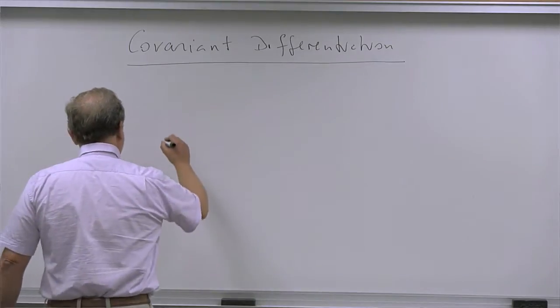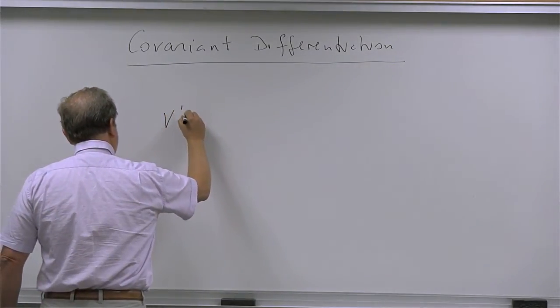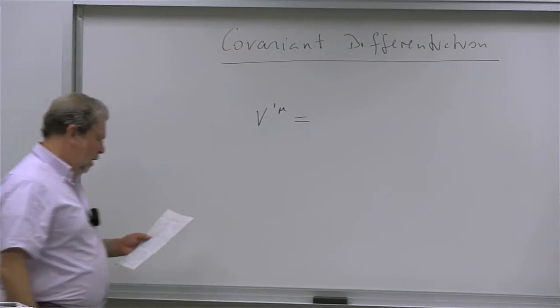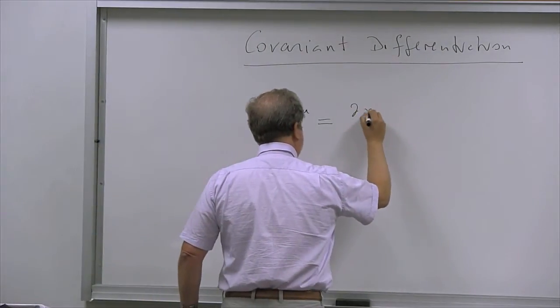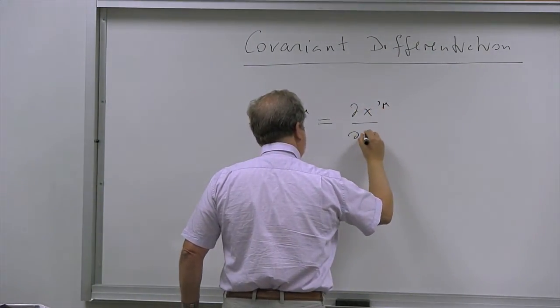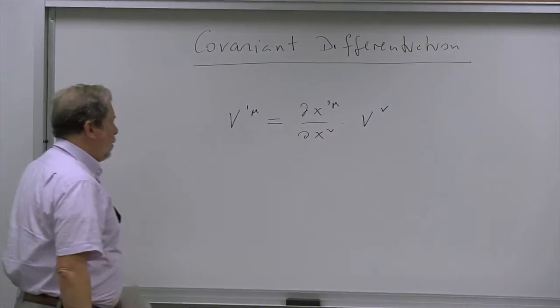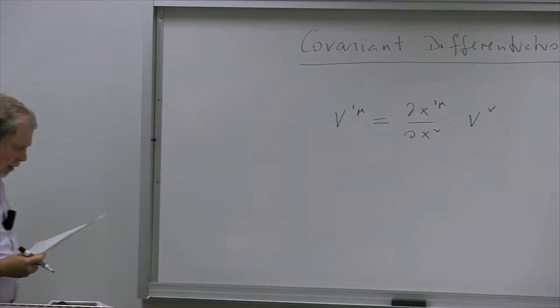So let's consider a vector v prime mu. Now, if this vector is contravariant, then it is given by dx prime mu by dx nu times v nu. What we want to construct now is the derivative of this thing.